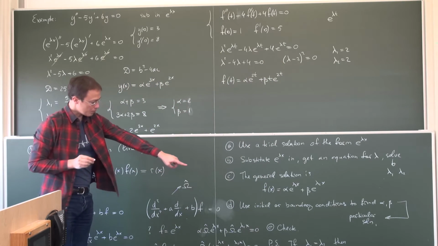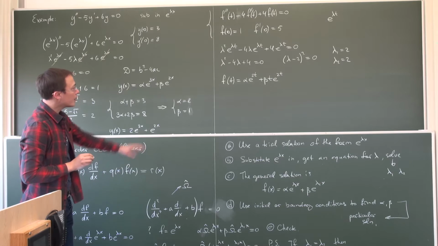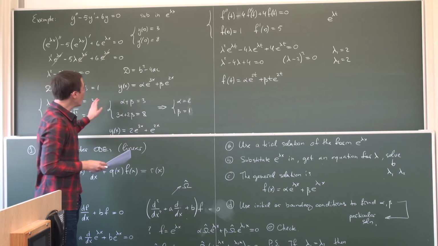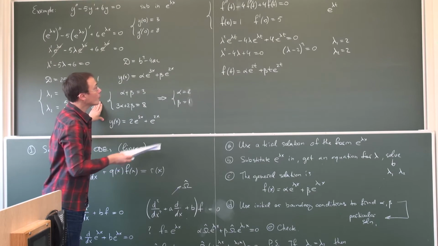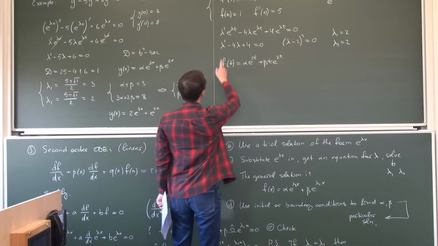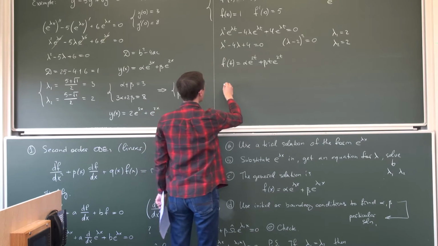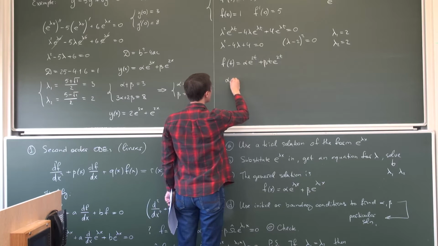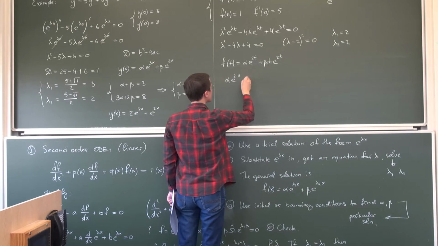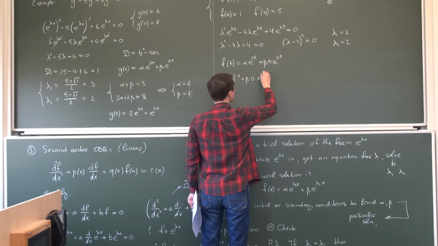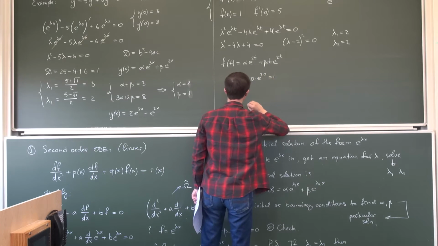Right, so we have x in there, but we have t here. Now, we use the initial and boundary conditions again. So f of 0 equals 1 would mean that alpha e to the 2 times 0 plus beta times 0 times e to the 2 times 0 equals 1.